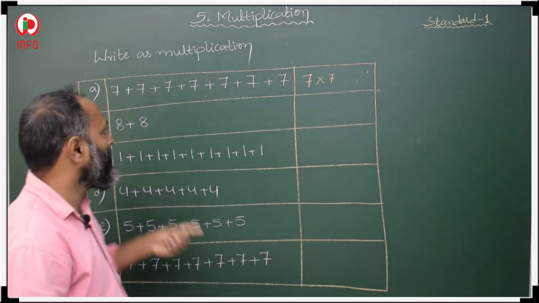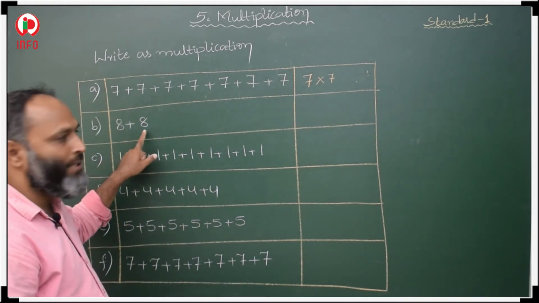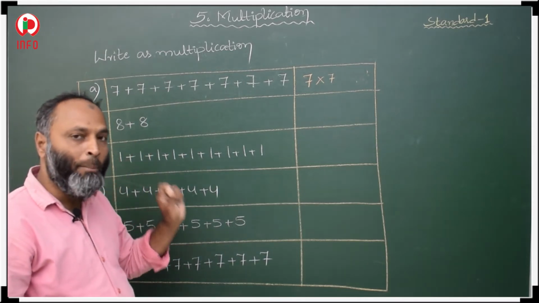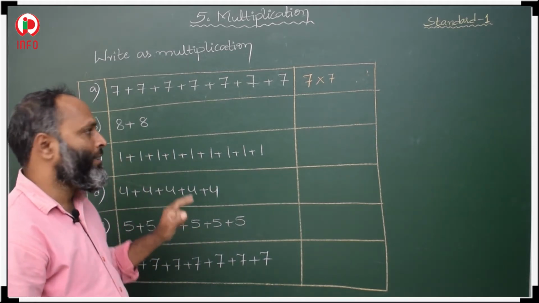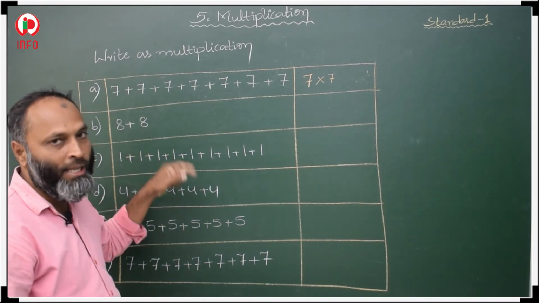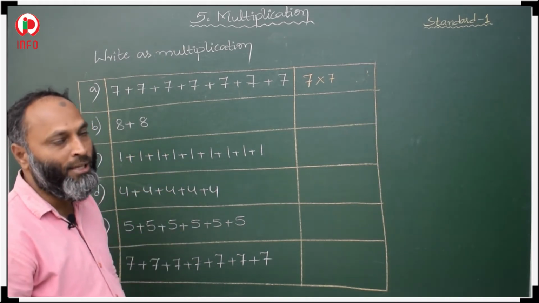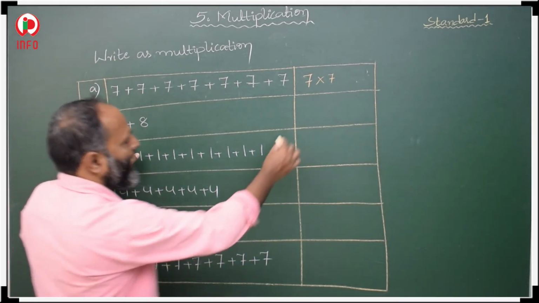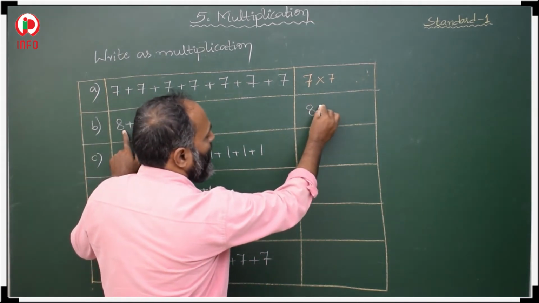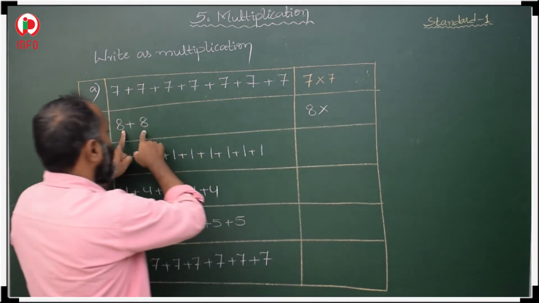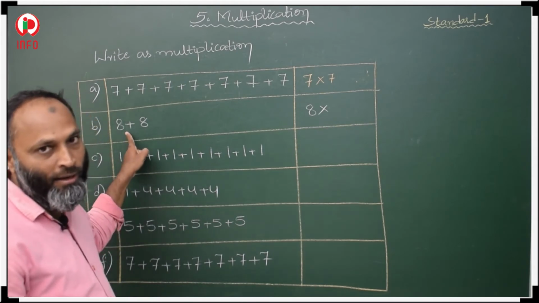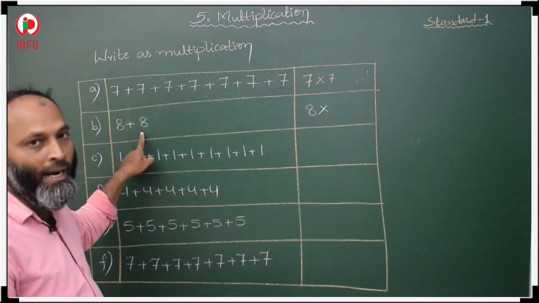Okay, as multiplication: 8 plus 8. It is also repeated addition. When repeated addition is there, then how to represent it as a multiplication? Here 8 is there. How many times are we adding 8?